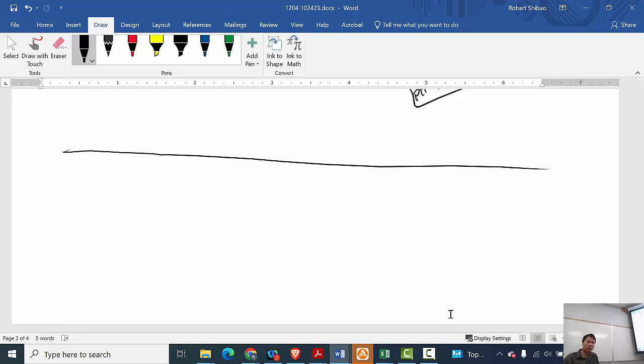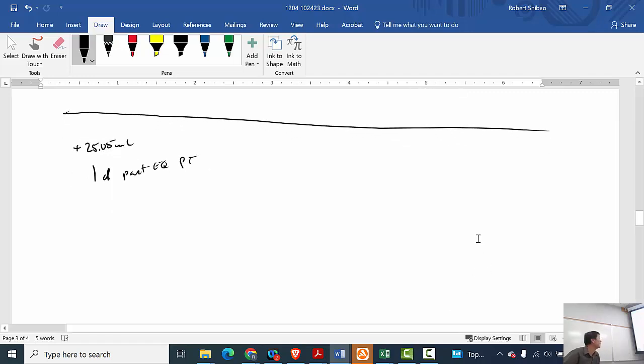And so we're going to go to plus 25.05 milliliters. This is 1 drop past the equivalence point.